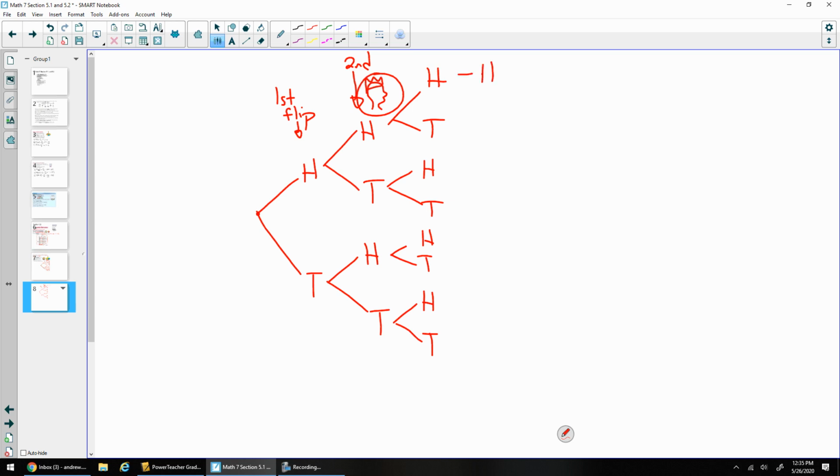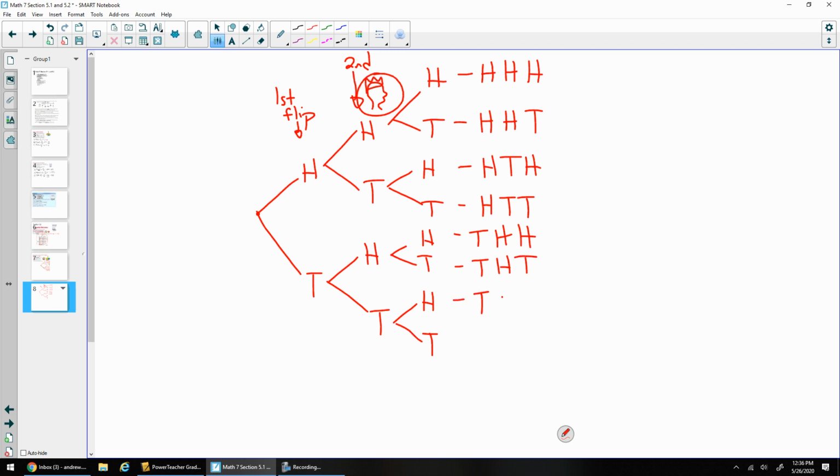I could get heads, heads, heads. I could get heads, heads, tails. I could get heads, and then a tails, and then another heads. Or I could get heads, tails, tails. And I can continue seeing that. Or tails, heads, heads. Or tails, heads, tails.